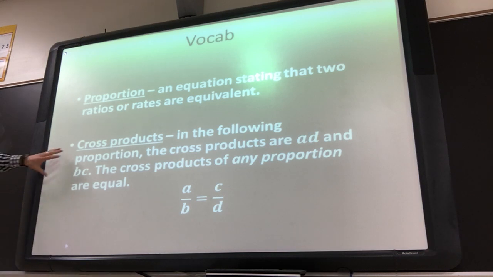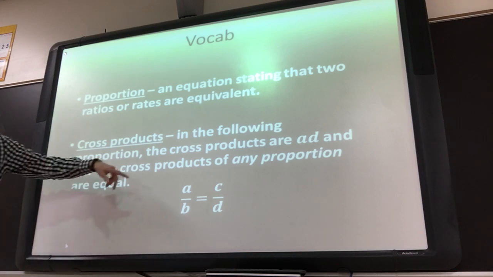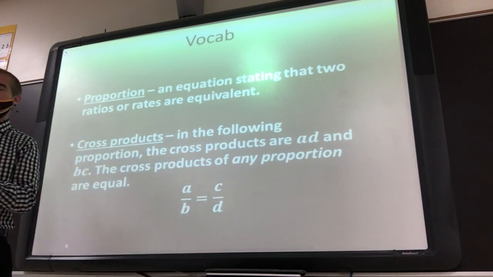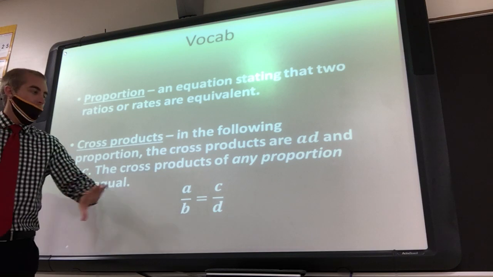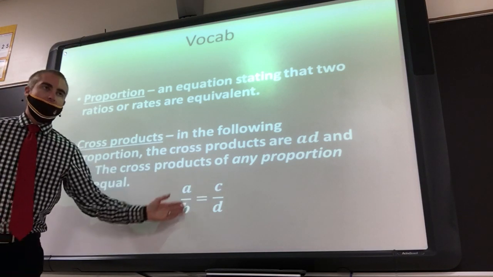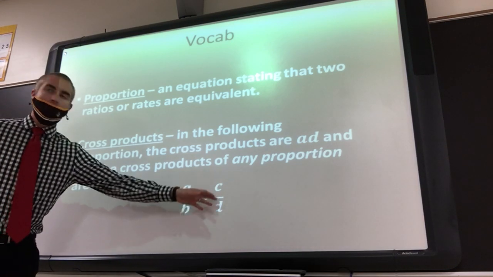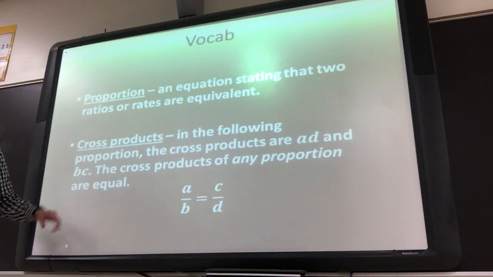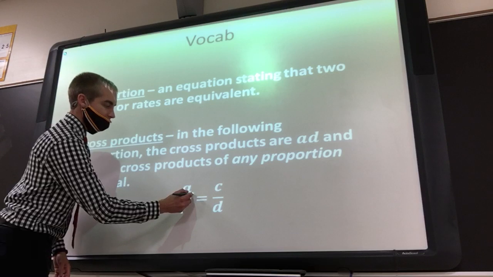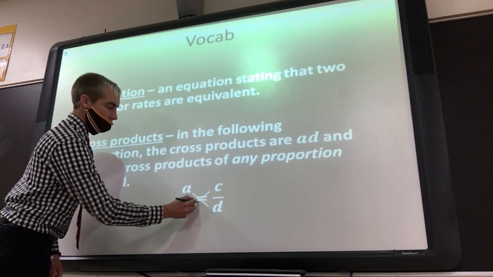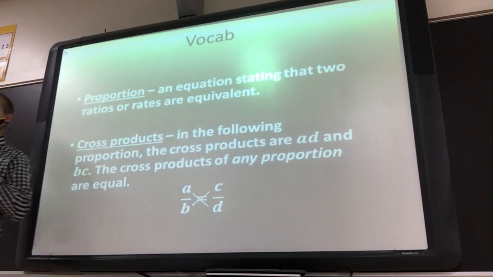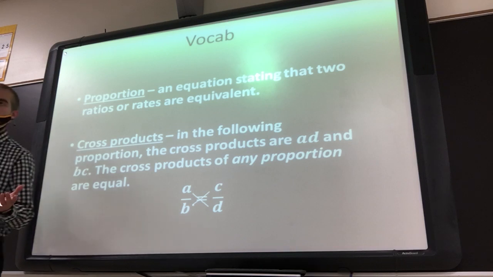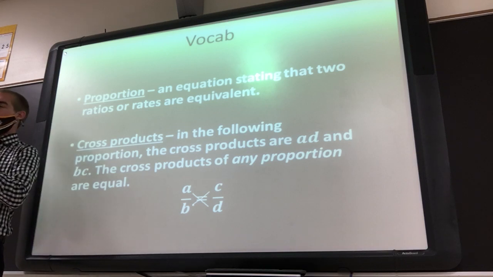Okay, so in this definition of cross products, A, B, C, and D could be any number. So you could plug in any number as long as it works, like 1 over 2 equals 2 over 4. The way that we find the cross product is we would do A times D and B times C. So we are multiplying, product means multiplying across the equal sign.